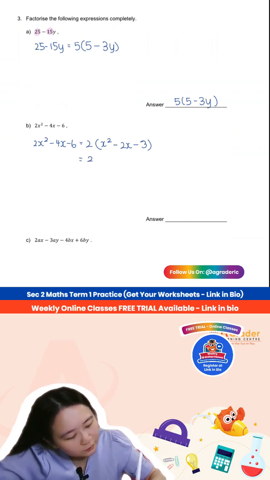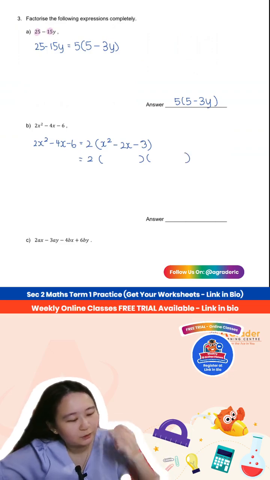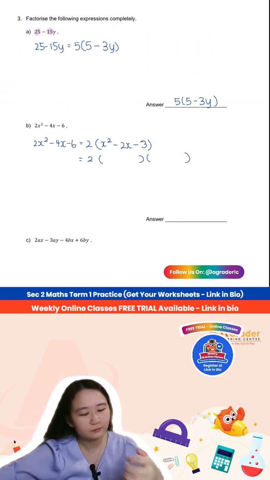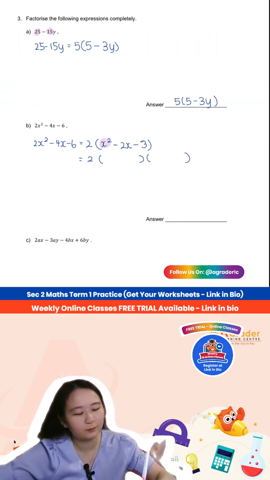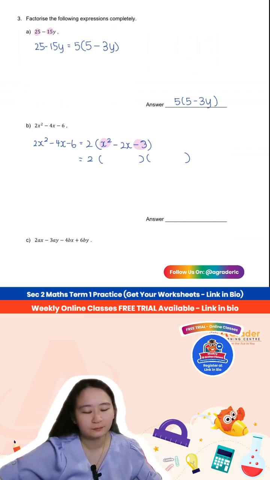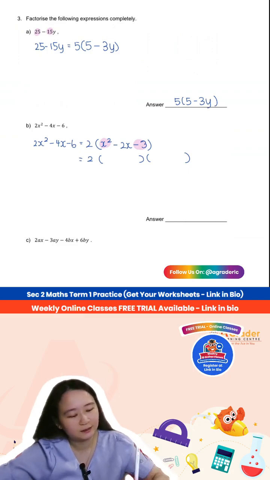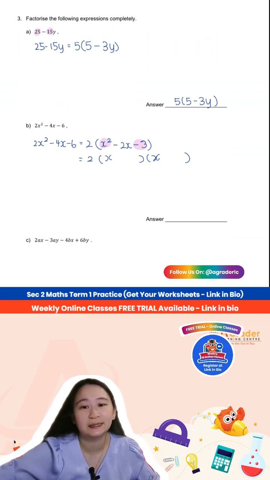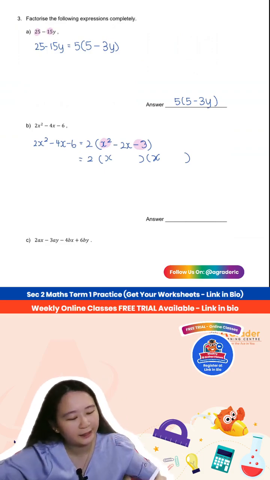To factorize this x squared minus 2x minus 3, we look at the first term and the last term. So, how to get x squared? X squared, you can only split it into x times x. So we have these two can only be x and x here. That's how you get x squared.